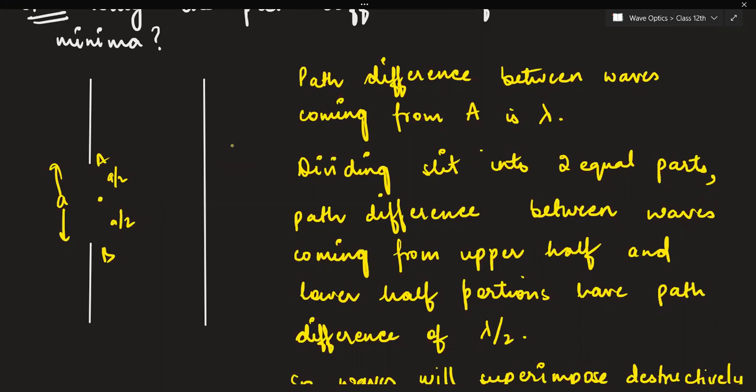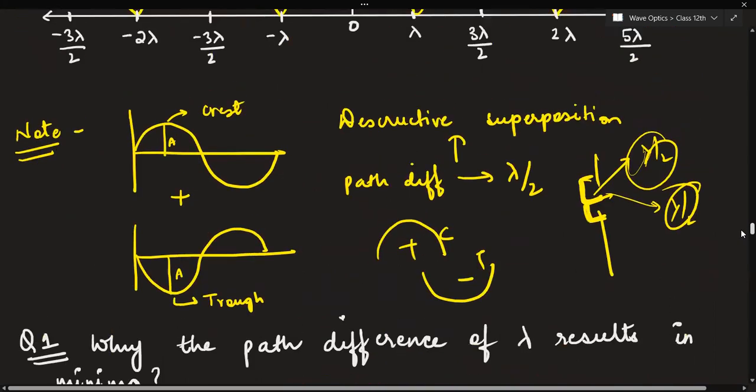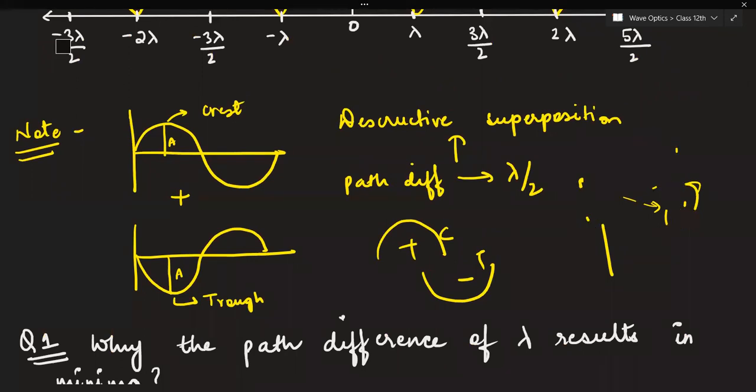If you divide the slit into 4 parts, you will just have destructive interference from the upper 2 parts and destructive interference from the lower 2 parts. But as soon as you take an odd number, one extra part is left. That extra part results in an increment in the intensity and amplitude.